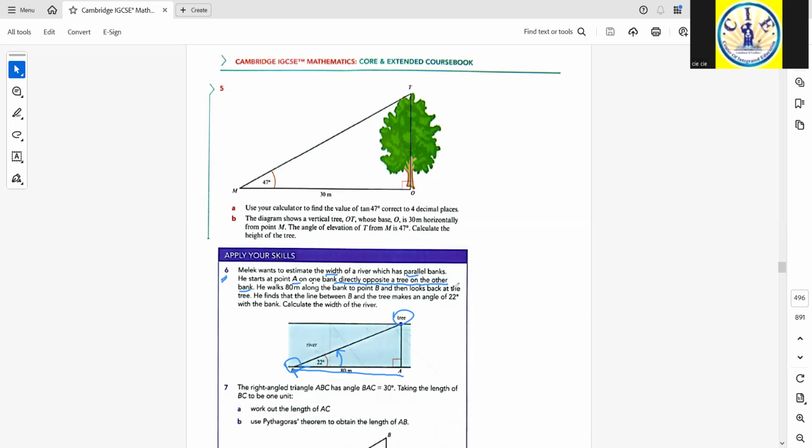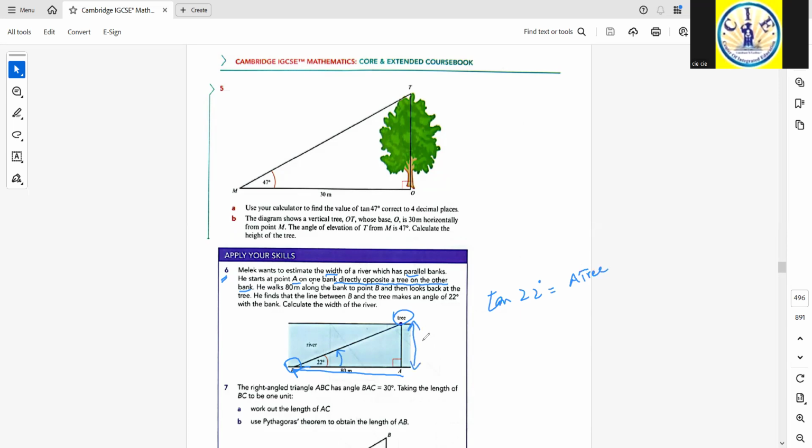Okay, we need to find out the width of the river. For that, what we need to do? We need to use the tangent ratio. So tangent of the given angle will be equal to the opposite side, that is this A tree, like this distance.